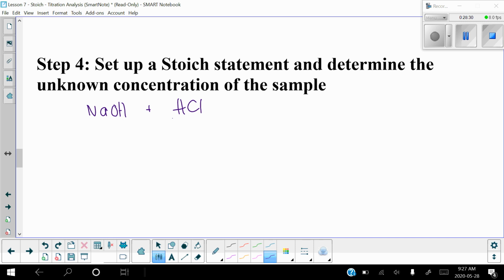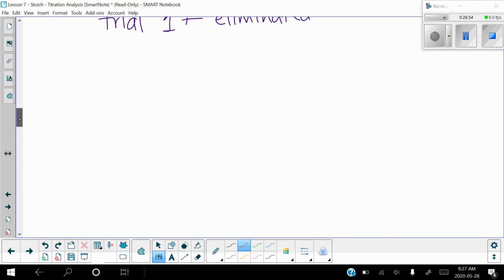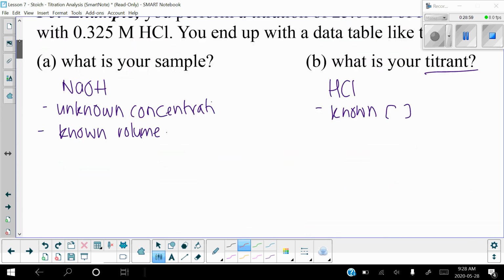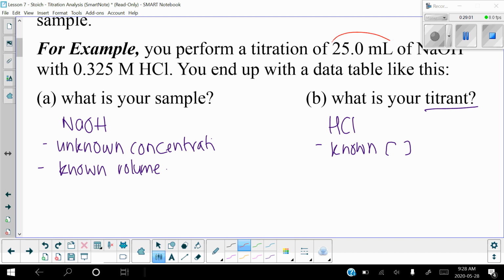This is a double replacement reaction where the cations switch places with each other to produce water and NaCl. Okay, let's do some labeling. We knew the known volume of our base, which was 25 milliliters.